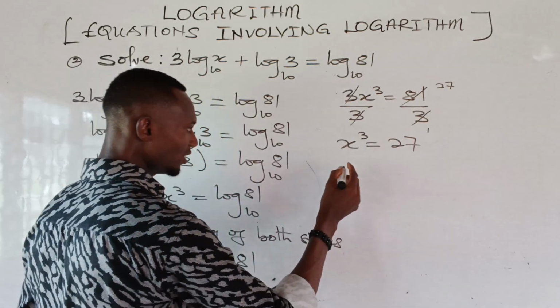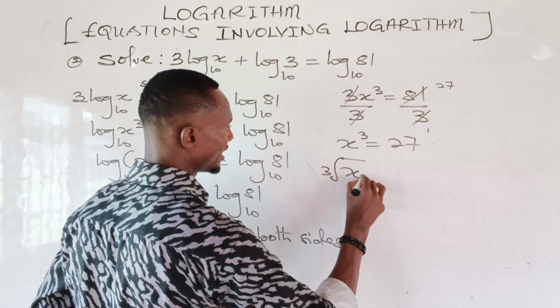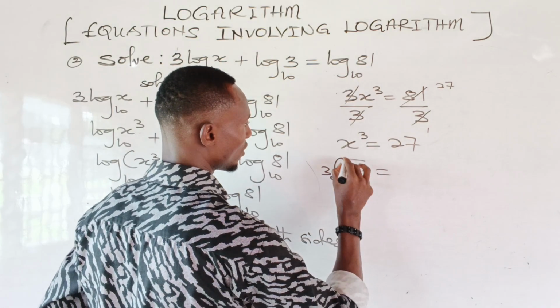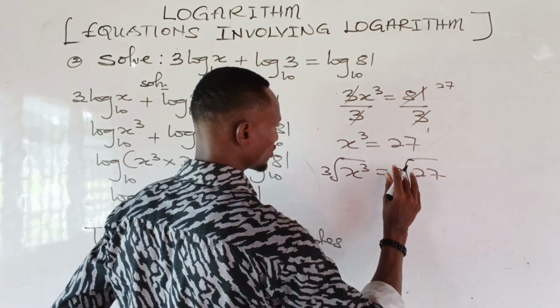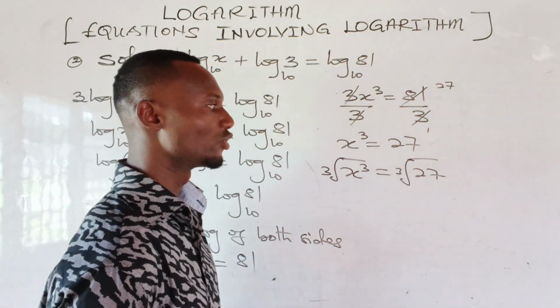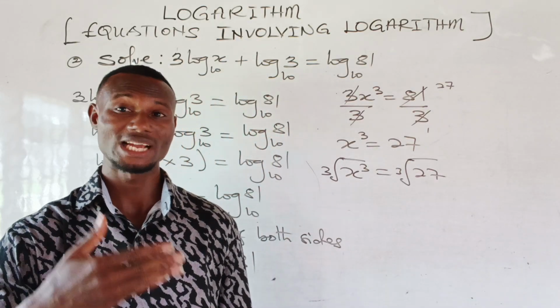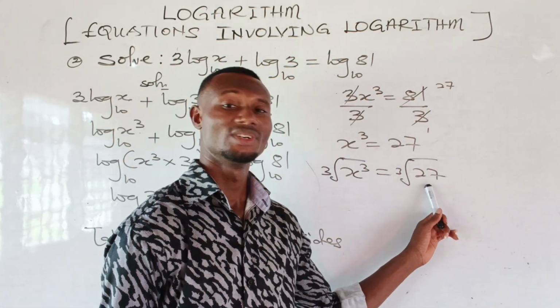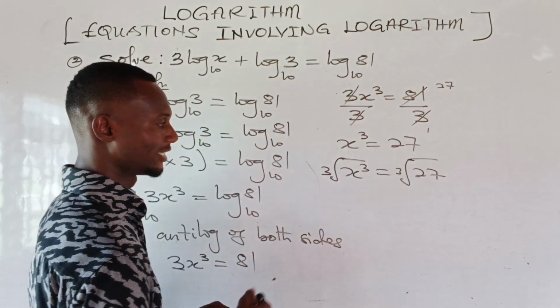Now, I'm going to have the cube root of s to the power 3 here equals, then I'll take the cube root of the 27 as well. The cube root simply means 3 similar numbers that can multiply to give you the 27. But first of all, let's do our cancellation.